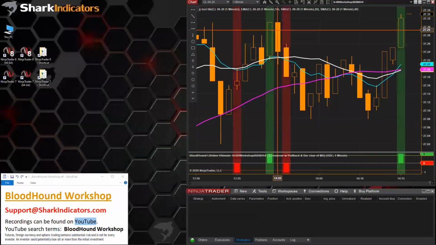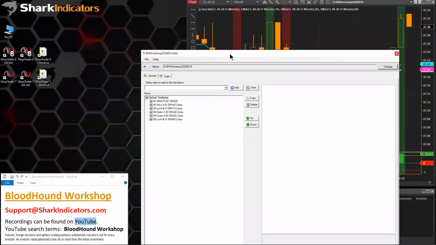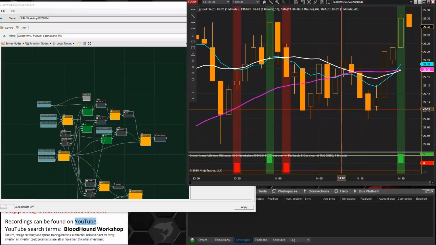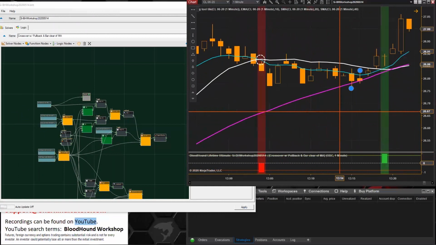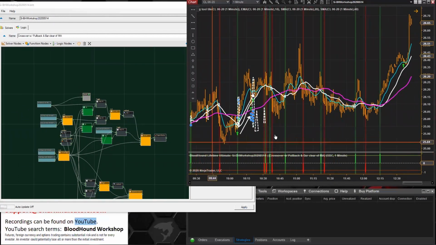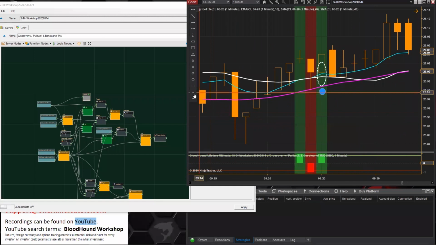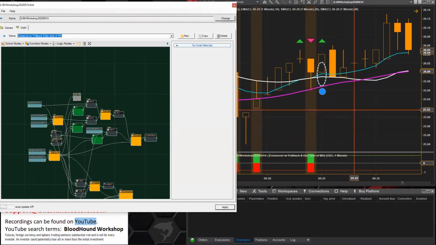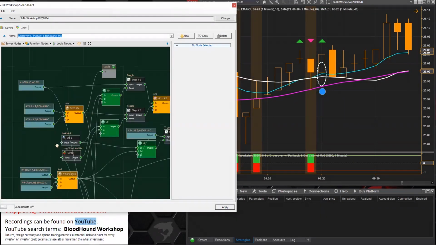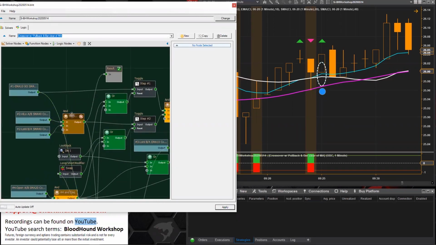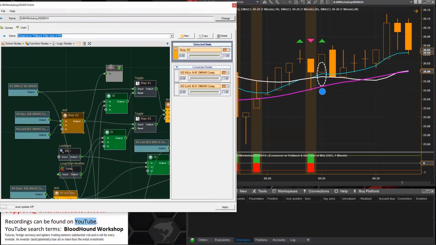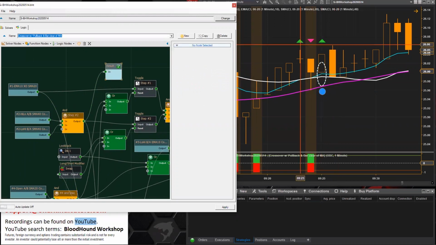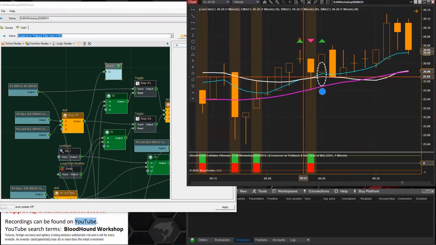I'm going to adjust my chart data again. Let's see, where were we at? I need to mark these here. Zoom in a little bit. This is what I'm looking at, right? I have step number two connected into the result node. Remember, I put these little triangles on here to show the cross ups, because we had a cross up, cross down, cross up.